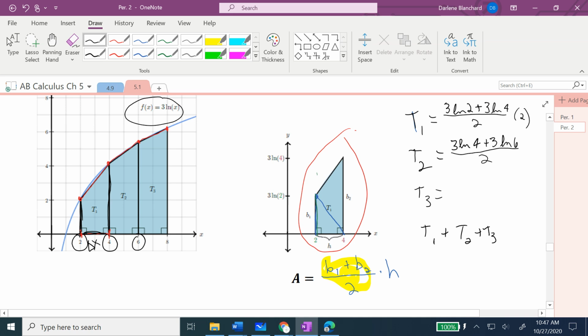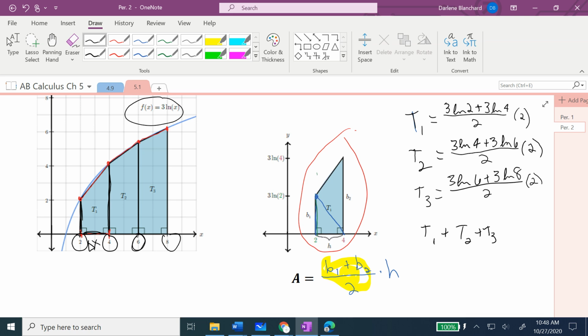And I divide that sum by 2 and multiply by the delta x, the height of the trapezoid. And then for the next one, 6 is plugged in, 8 is plugged in, and then continue the formula. Add those together, you have your area approximation.